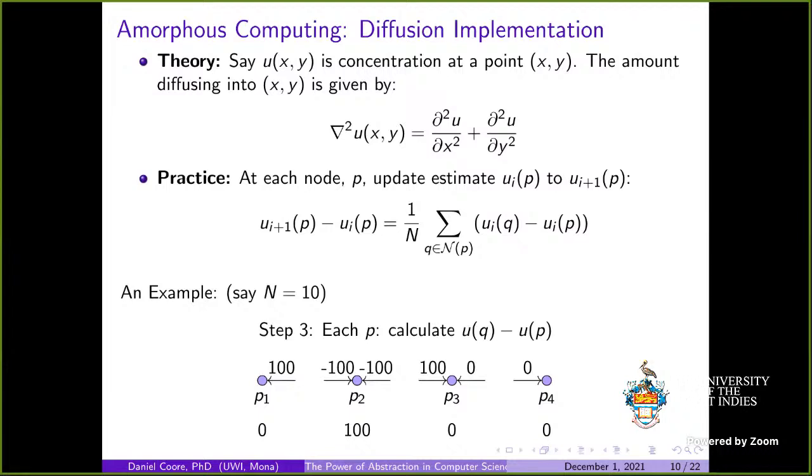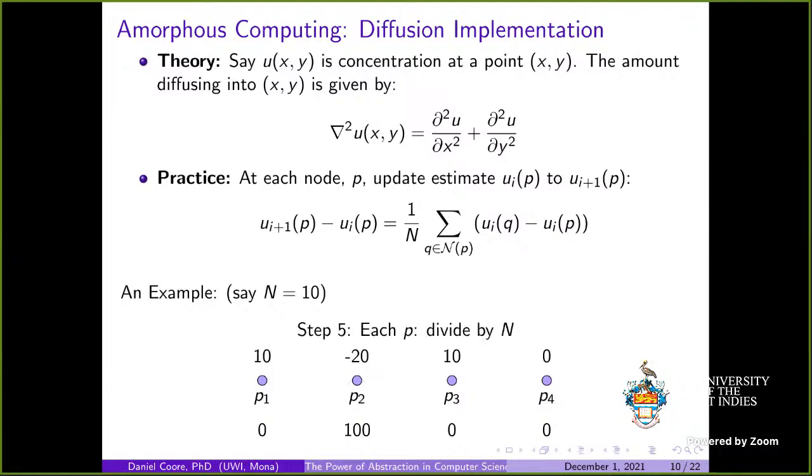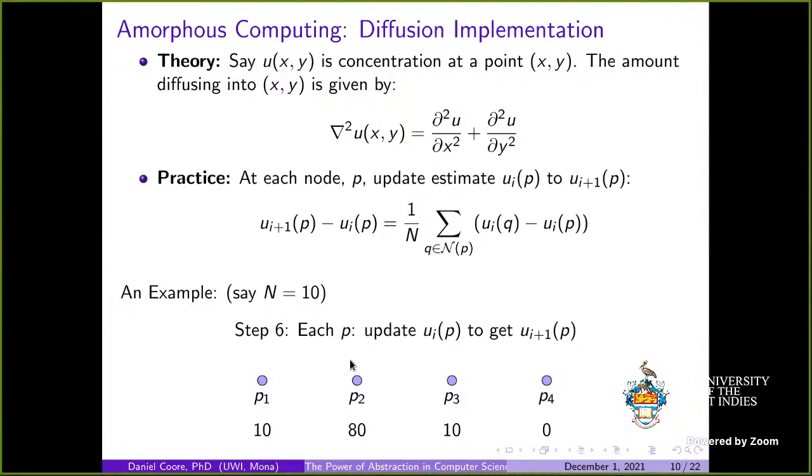They compute that difference, take that sum, and scale it. In this case, I'm just using n=10 for simplicity of the arithmetic. Then you use that number, that difference, to modify the value that you had in the first place. So these all started out with 0, 100, 0, 0. Now they computed these differences, and after that update, it's 10, 80, 10.